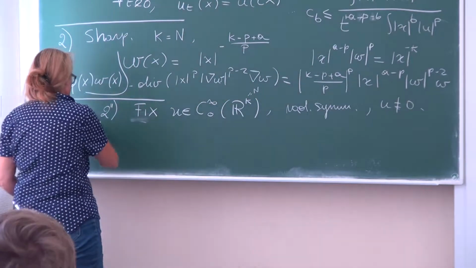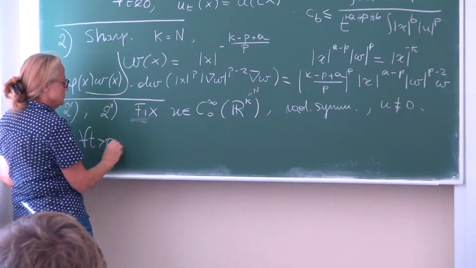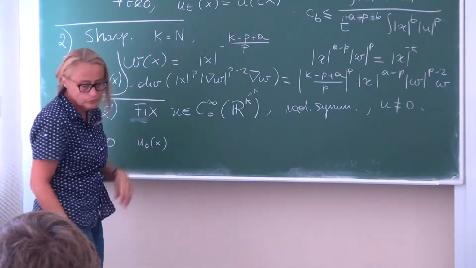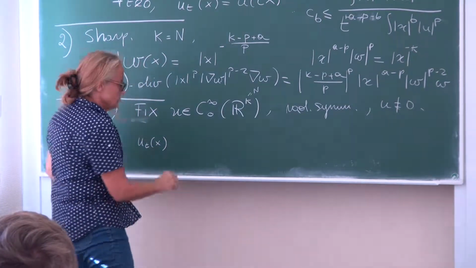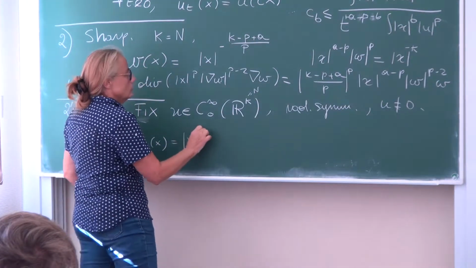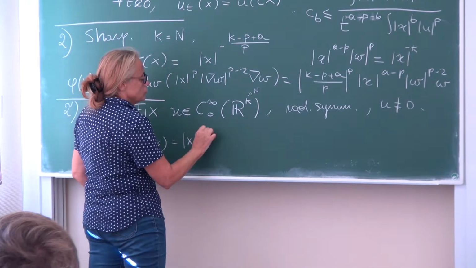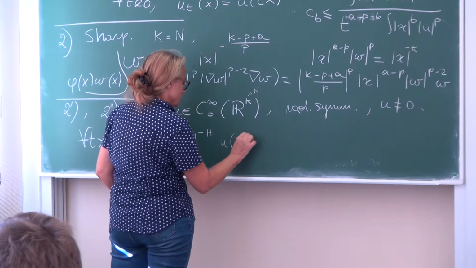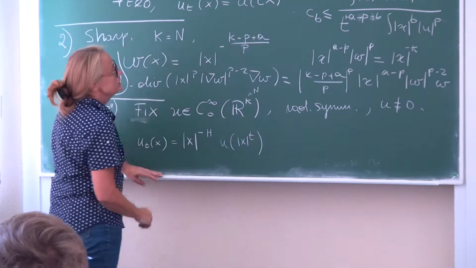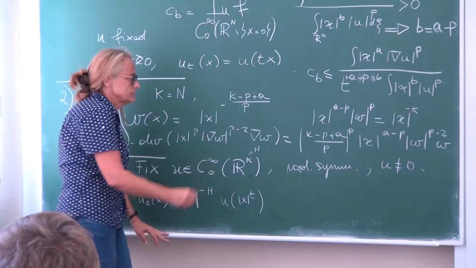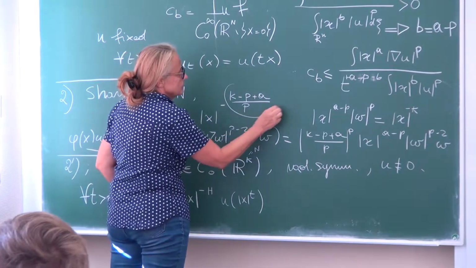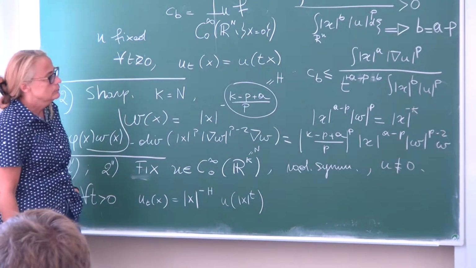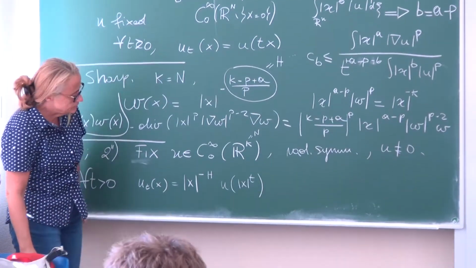Then for any t positive, we consider not this transform, but this transform. Let me call h some constant. What's h? h is this constant that enters many times. Okay, this is h.